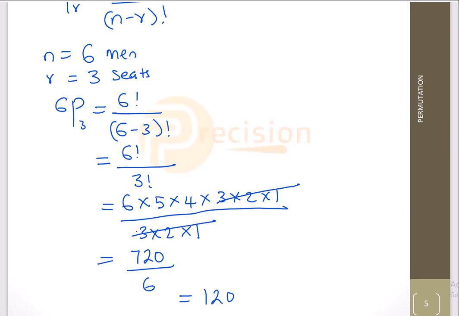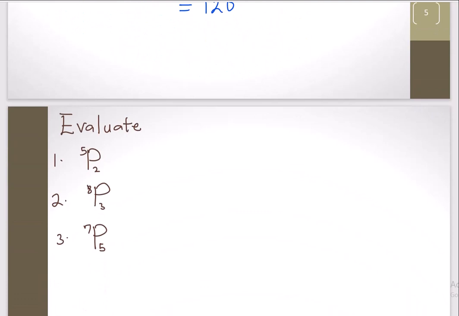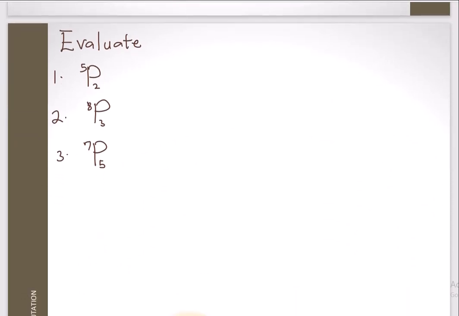The same thing. Okay, we have more exercise here, and it says evaluate 5 permutation 2. So same thing is happening here always. So what do we do from this very point?